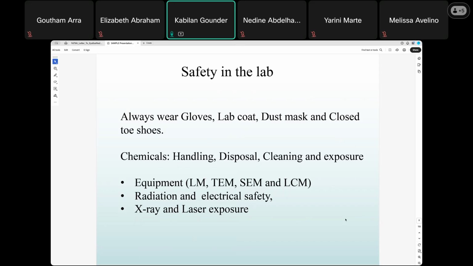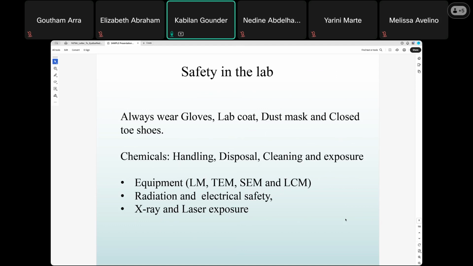So always when you are working in the lab, use gloves and wear a lab coat. That not only protects yourself, but also prevents you from spreading anything to your colleagues or others in the lab working along with you.